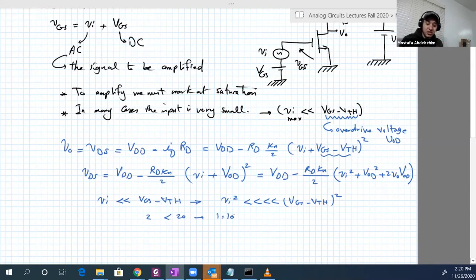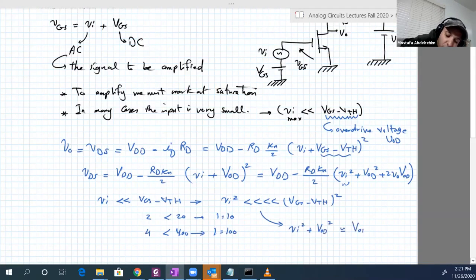Now square both sides: 4 and 400. The ratio is 1 to 100. So if something is much less than something else, squaring makes it even smaller relative to the other. So if the input is very small, Vi squared plus V overdrive squared is approximately V overdrive squared, and we can neglect Vi squared.